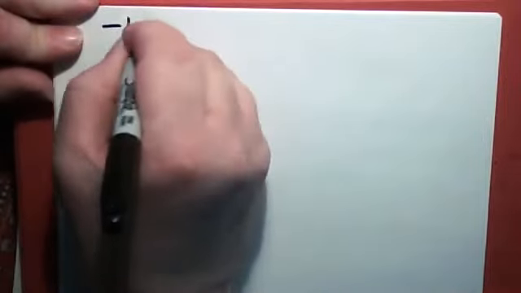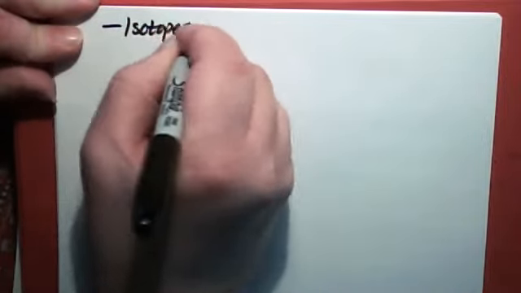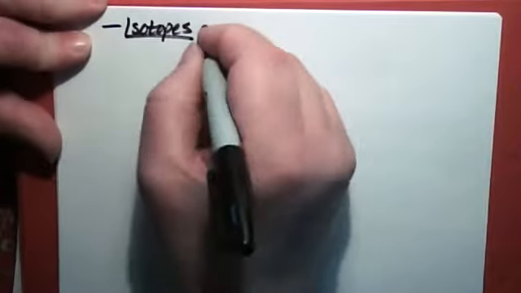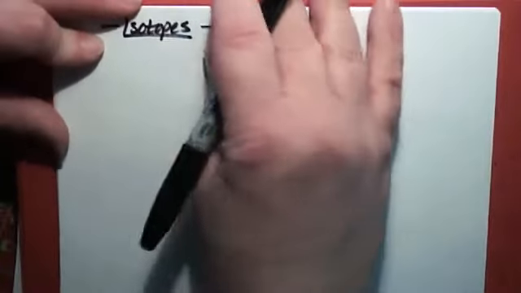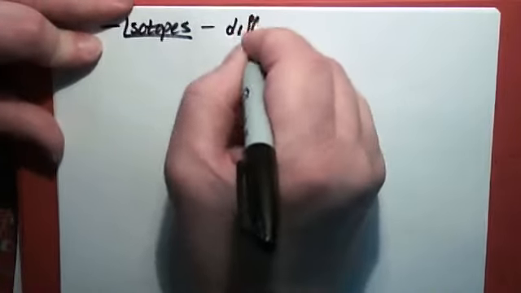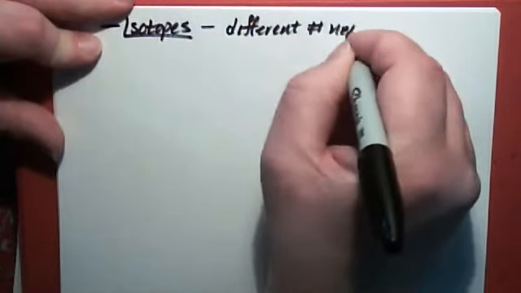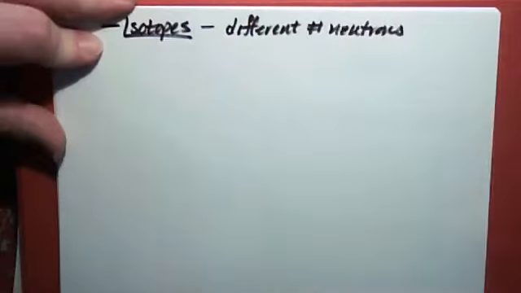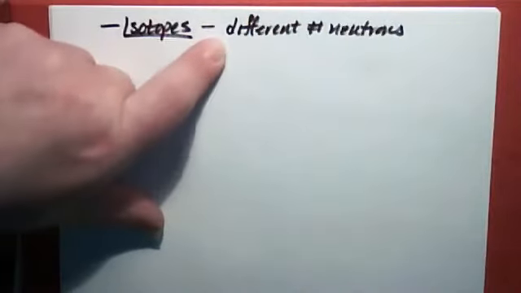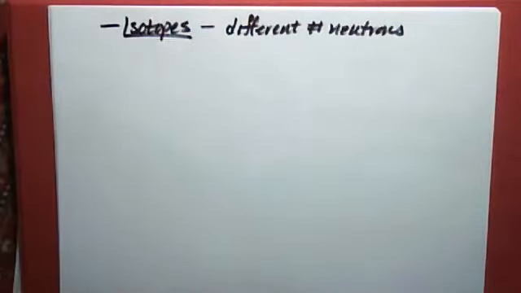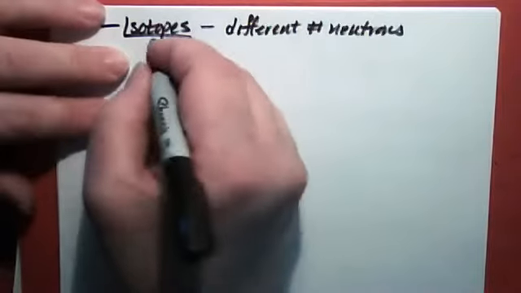Okay, the next thing we need to talk about is isotopes. This is a quick reminder of what isotopes are. It means different numbers of neutrons.